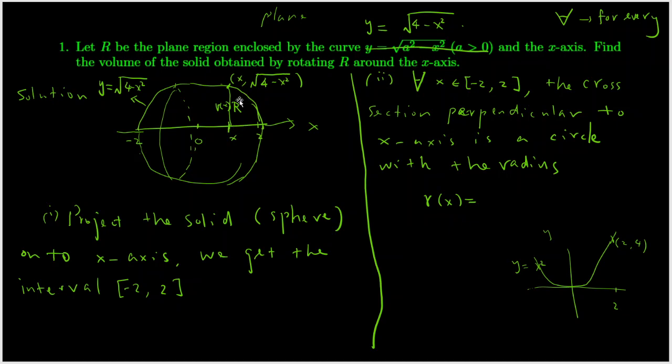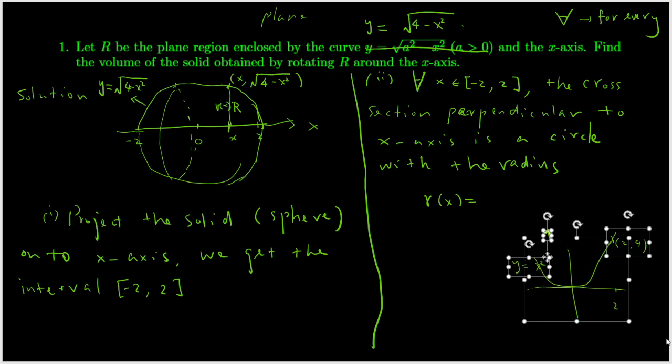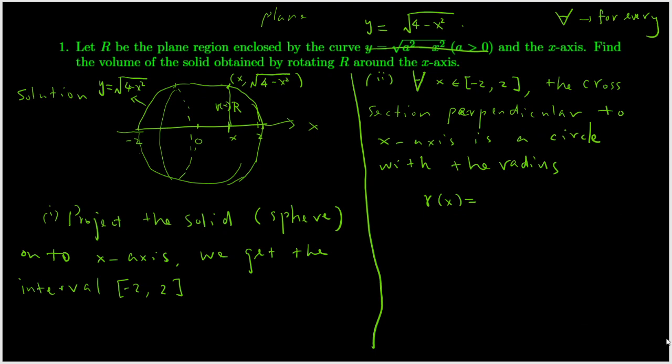Does that make sense? The radius of the circle is actually the y coordinate. That's the length of x. This is the length of y. That way, vertically you have the length of y. This is the radius of the circle. So finally we have the radius.